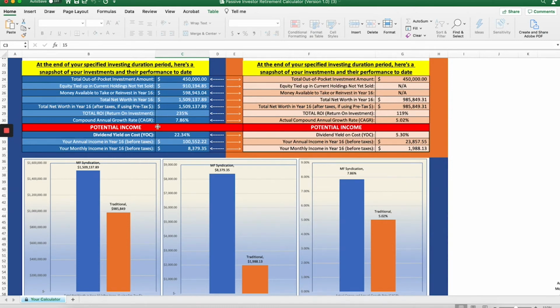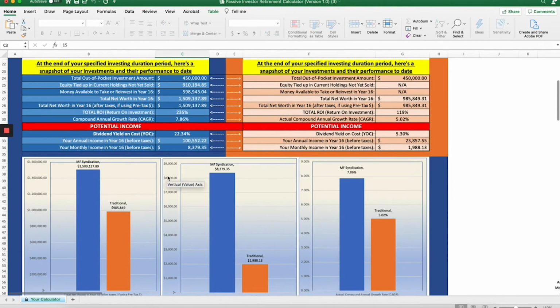But the big thing here to look at is the potential income. In year 16, using the multifamily syndication model, your monthly passive income amount will be exceeding $8,000 a month or $100,000 a year. And the dividend amount on the traditional side will be pumping out just under $2,000.